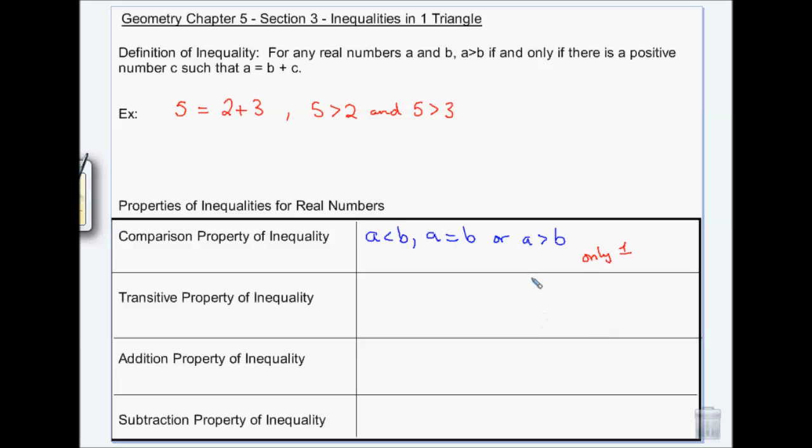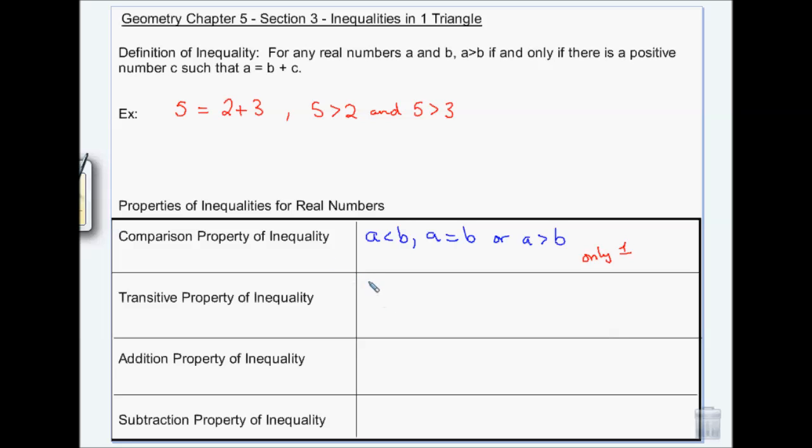You can't be equal to B and less than B. You can be greater than or equal: when you have the less than and equal sign, it's actually less than or equal. You can only be one or the other. You can't be both at the same time.